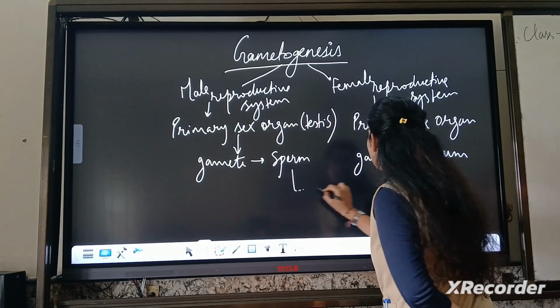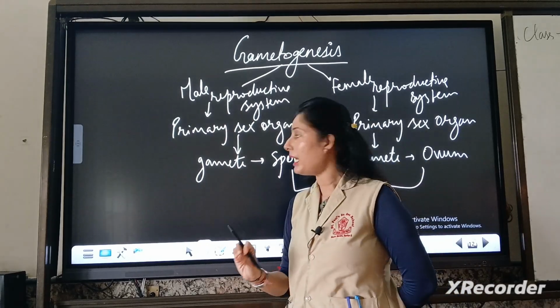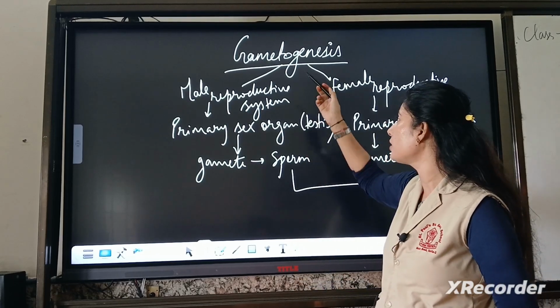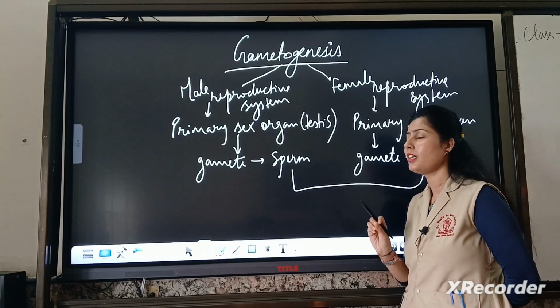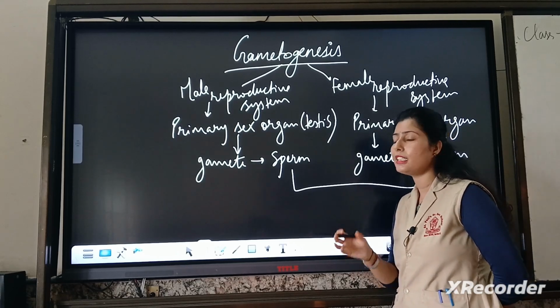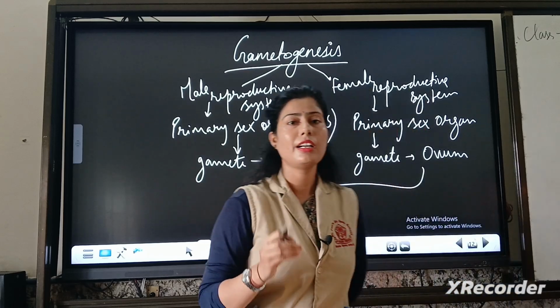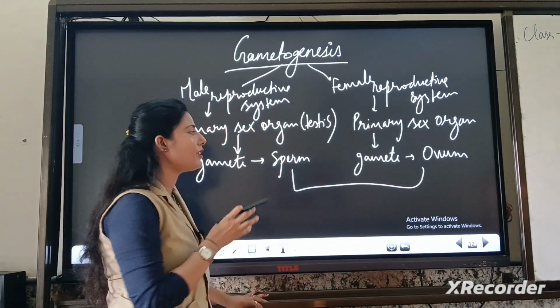These processes of formation of gametes by the primary sex organs are known as gametogenesis, and gametogenesis is generally carried out by a process of division which we call meiotic division. Why does meiotic division occur for the formation of gametes?